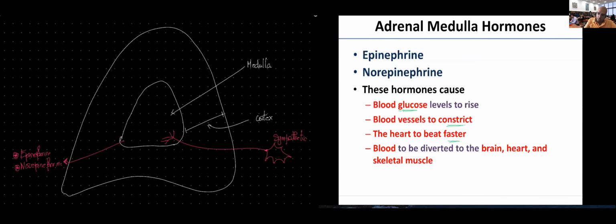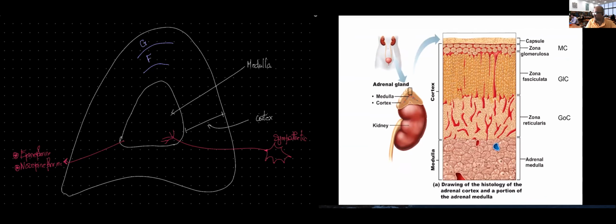Moving on to the adrenal cortex. The adrenal cortex is formed of three different layers. From outside in, we've got outside zona glomerulosa. Then deeper to it, we've got the zona fasciculata. And then we've got the zona reticularis.